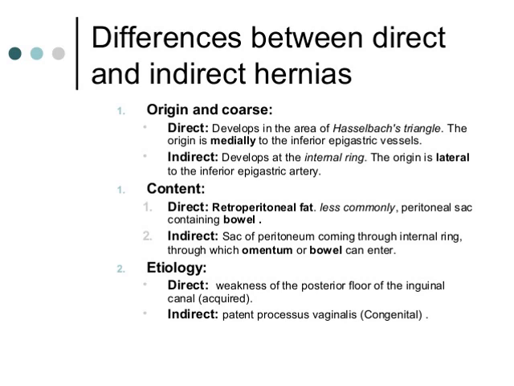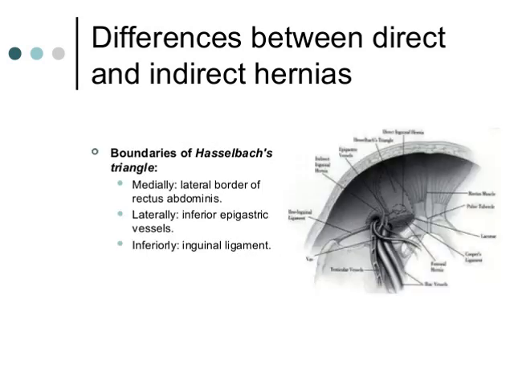Regarding the etiology, direct inguinal hernia is almost always acquired. There is no congenital direct hernia. But the oblique hernia may be congenital or acquired. For the Hesselbach triangle boundaries, medially is the lateral border of the rectus abdominis, which is the linea semilunaris.